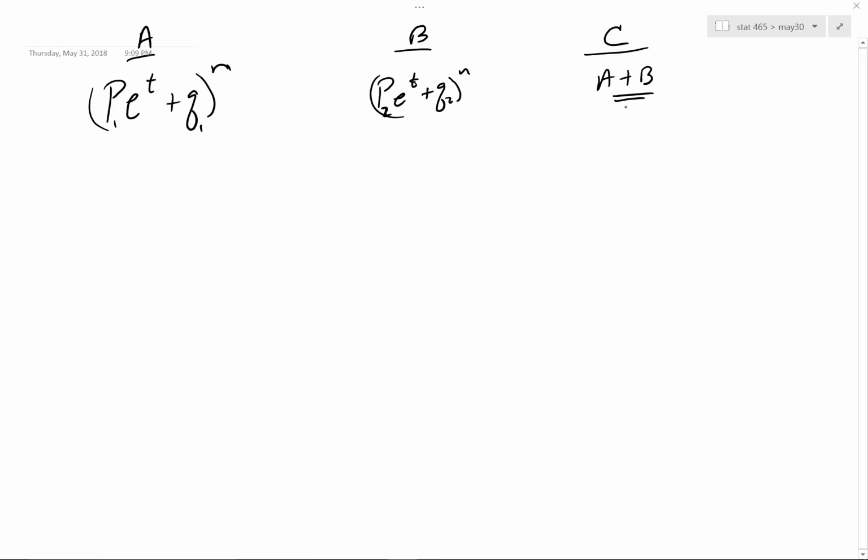Well, if we're going to find the moment for this one, we would simply take, because these are independent events, the moment generating function for this first one, and you multiply it times the moment generating function for the second one.